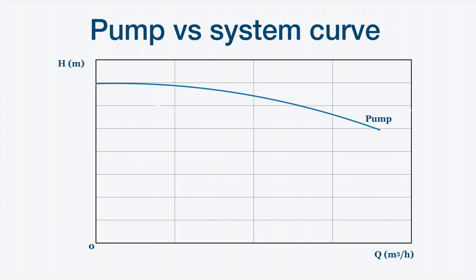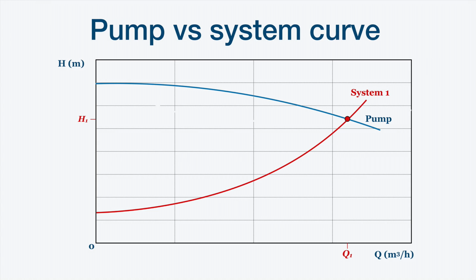Let's see now how the pump acts versus the system curve. We have the curve of a pump represented here, and this is the system curve of a system we have named system 1. What is the meaning of this point? This is the point at which the pump will operate.